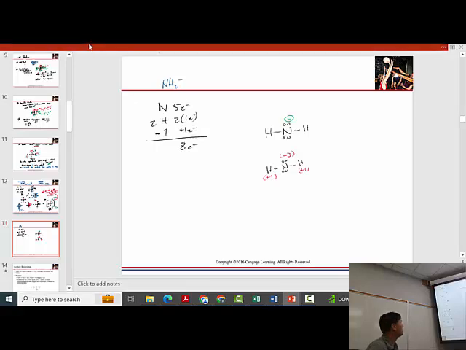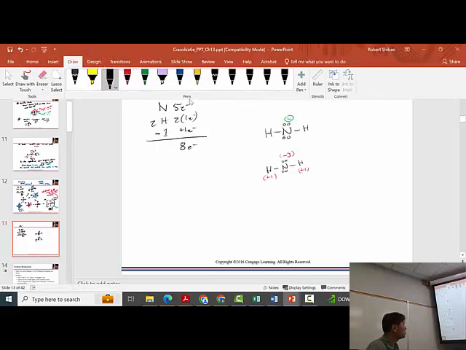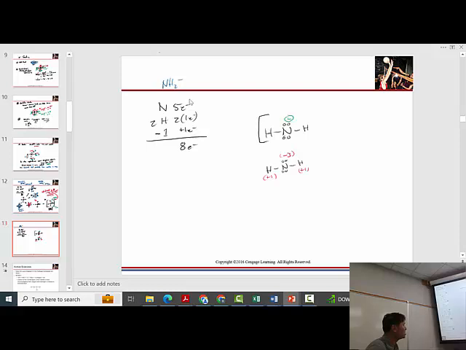Now, the net charge is the sum of the formal charges or the sum of the oxidation states. If I sum up the formal charges, I have 0, -1, plus 0, which gives us -1. If I sum up the oxidation states, I have +1, minus 3 is minus 2, plus 1 is minus 1.